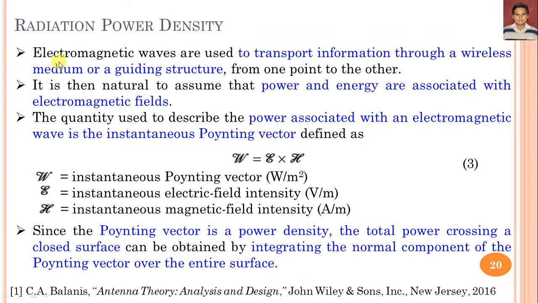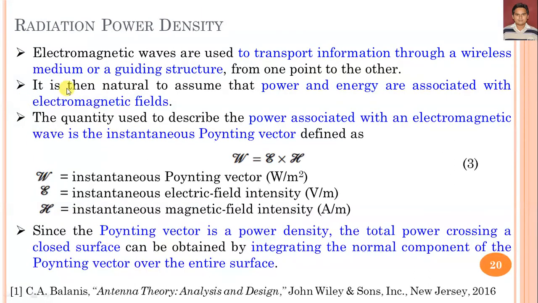Electromagnetic waves, I mean EM waves, are used to transport information through a wireless medium or a guiding structure from one point to another point. It is then natural to assume that power and energy are associated with electromagnetic fields.